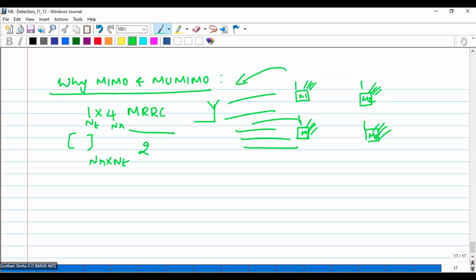Now 2x1, if I go with 2x1, again H is NR cross NT, you have only one device. Let's say 2x2. You can go with Alamouti, and you can have somewhere around 4 antennas for each mobile device.